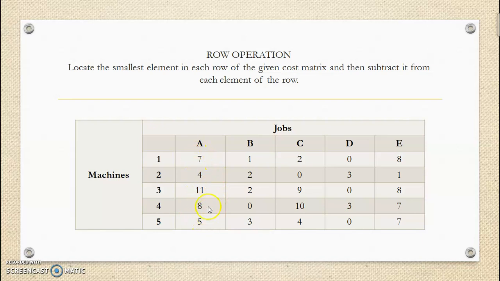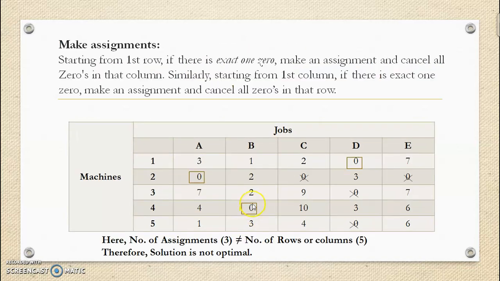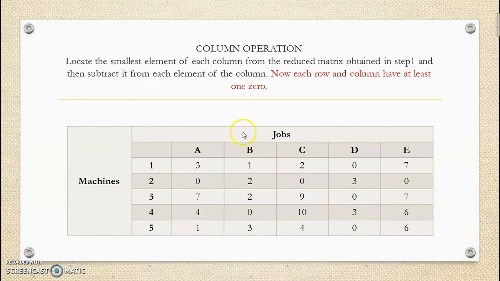So for column operation we select the smallest value from each column and subtract that value from each of the column elements. And if a column contains 0 value in the new table, these column values don't change, they remain as they are, because if we subtract 0 from each of the elements, these values remain unchanged. So we get this table after column operation.